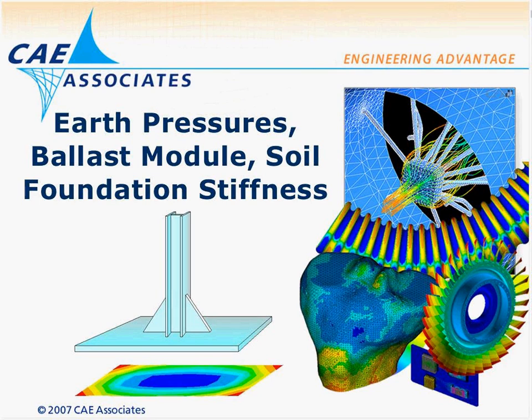One of the direct applications is developing earth pressures, developing what's called a ballast module, basically a soil foundation stiffness, which is a function of the underground soil definition, but in the analytical model can simply be an elastic foundation if you don't desire to model the earth in detail.